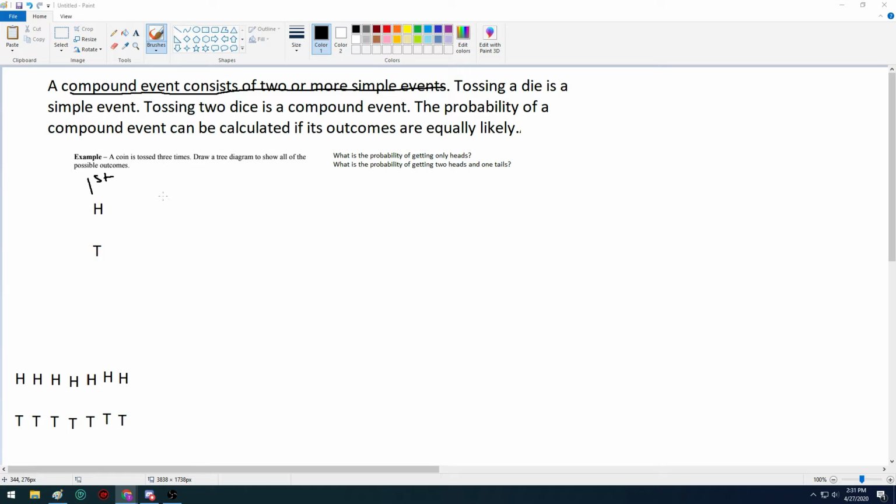Well, what happens if you do this a second time? Let's just say the first time you got heads. What are the two options you have on the second roll? Well, you again have a chance of getting heads or a chance of getting tails.